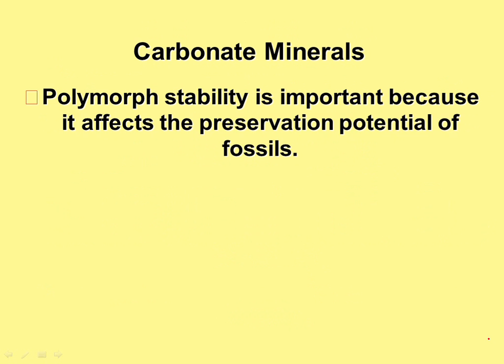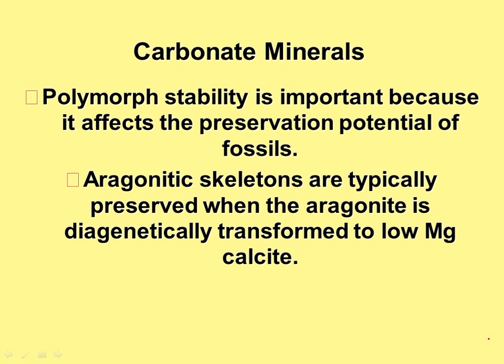It particularly influences the preservation of fossils. Many invertebrate organisms that have skeletons of calcium carbonate, very often those skeletons are aragonitic in nature, but because of the instability of the aragonite, it tends to break down over time, and the aragonite is diagenetically transformed into a low magnesium calcite form.